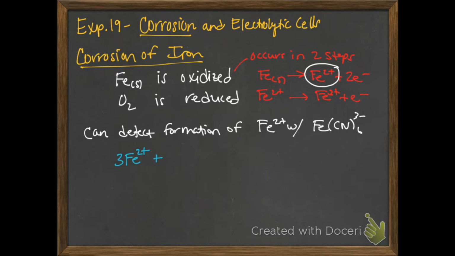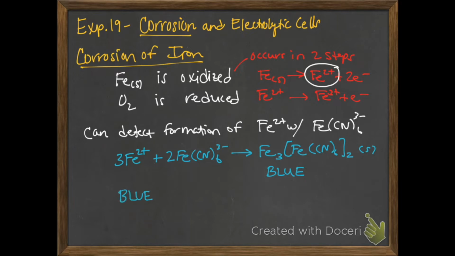So 3 iron 2+ ions react with 2 of the complex ions, and that forms a complex that I'm writing here. It's a complex with iron 2+ and then the complex ion, and overall, this complex is a blue color. So if you see blue in your systems in this experiment, what that is telling you is that iron has been oxidized to iron 2+.